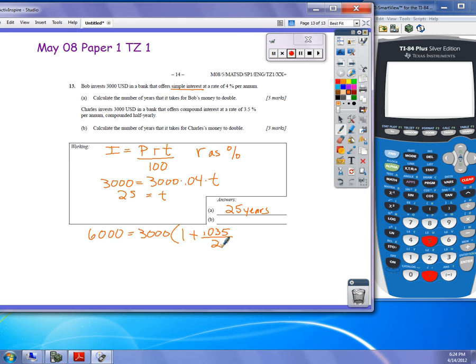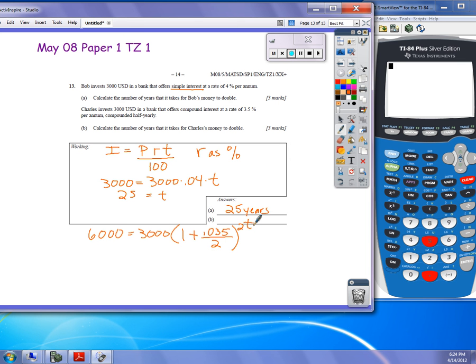We're compounding half yearly, so that means twice a year, and we raise to the power of n, which is 2 times t.